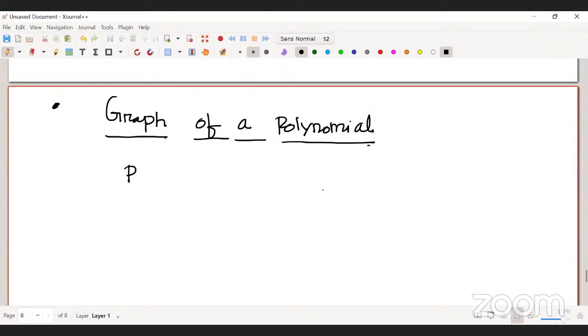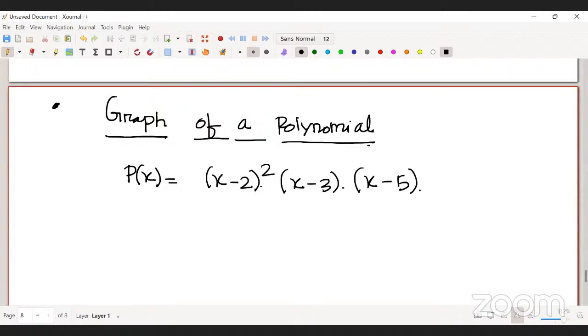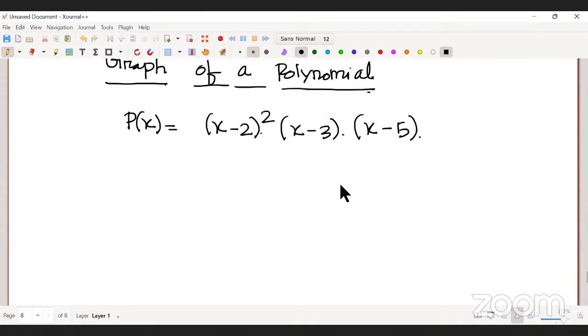Let's say this is my polynomial. So how can I draw the graph of this polynomial?